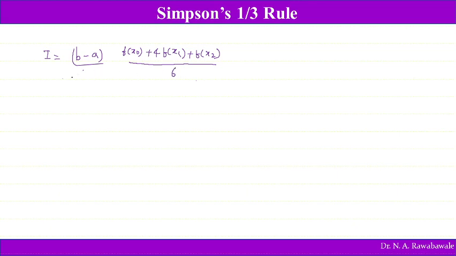This first term is known as width and the second term is known as average height. So in this case also there is an error, and that error of integration can be obtained by the truncation error, which is known as truncation error.